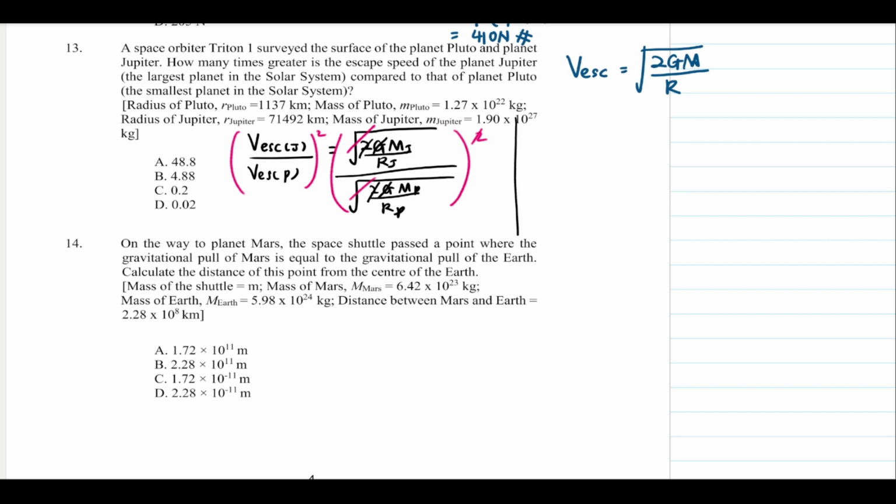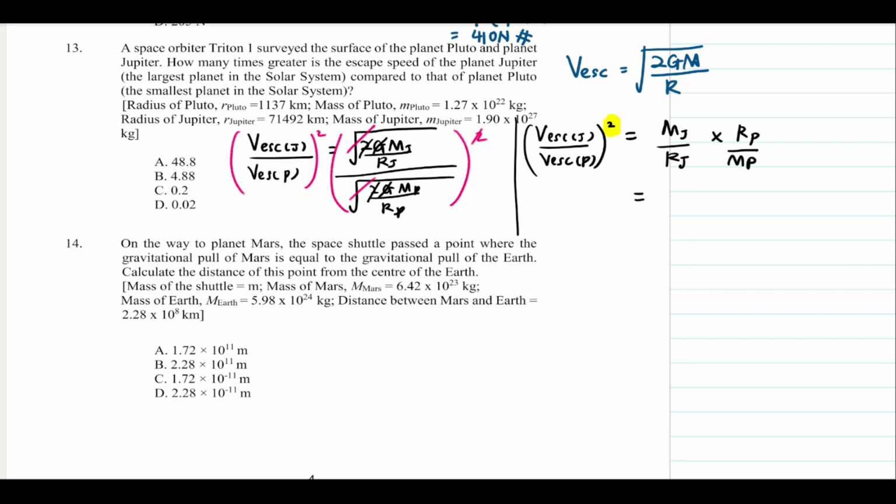Then V escape Jupiter over V escape Pluto, biarkan square dulu kat situ, jangan lupa square ini. Then kita akan ada M_J over R_J, bahagi M_P over R_P, so dia akan jadi darab R_P over M_P, terbalikkan dia kan.